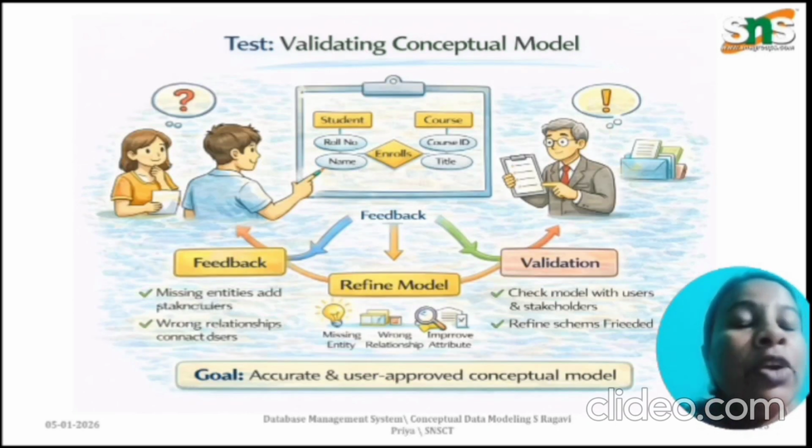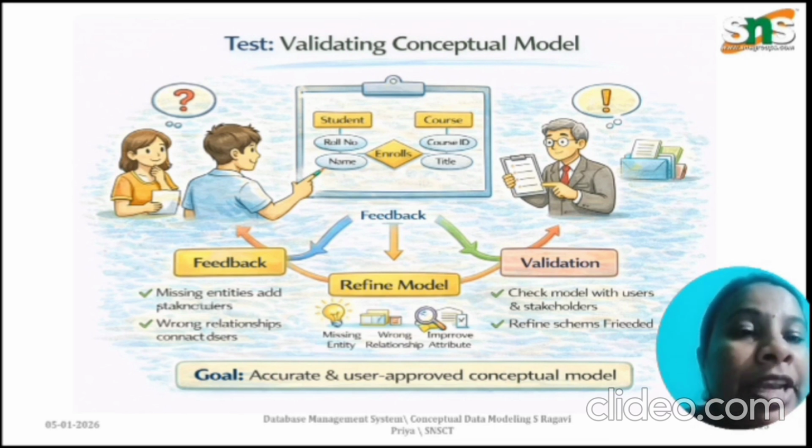So validating conceptual model. So first, feedback. So missing entities can be added by collecting the feedback from the stakeholders. Then in case any wrong relationship has been established, we can connect with the users. So next, refining the model.